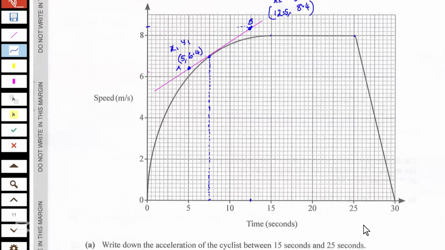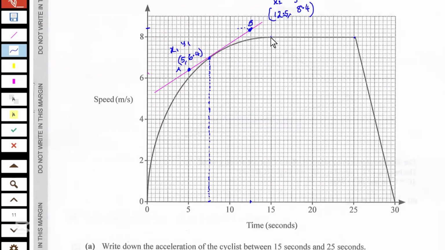Now the average speed between 15 seconds and 30 seconds, let's mark this out. 15 seconds to 30 seconds. Now, we're simply going to find the average speed, which is distance over time.